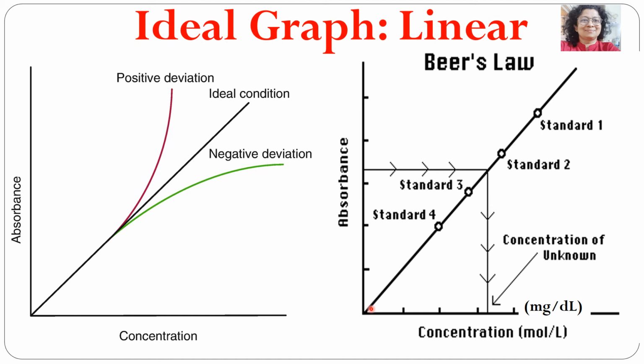And we know the concentration of all. So that is why these are called standard 1, 2, 3, and 4. And you see that Beer's law is being followed, and this is the slope that we obtain. Through this plot, we can find out the value of the unknown solvent. So this is the purpose of Beer's law.